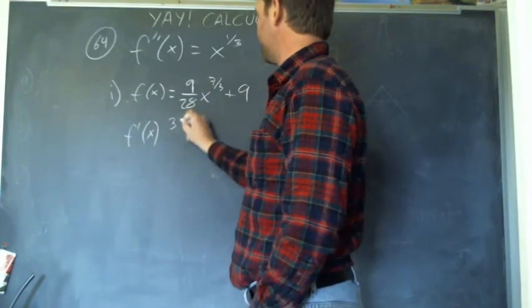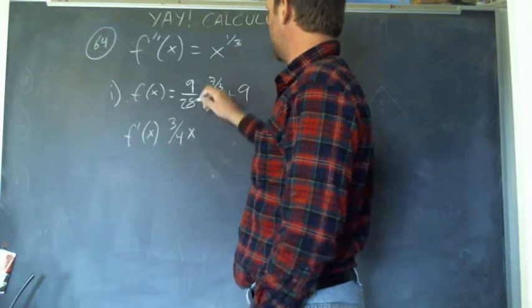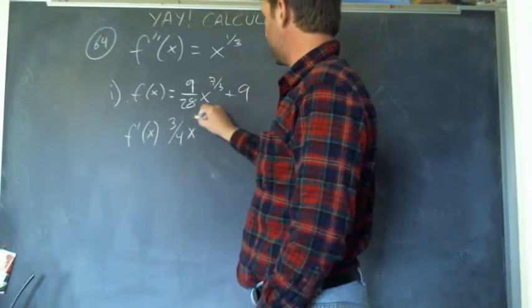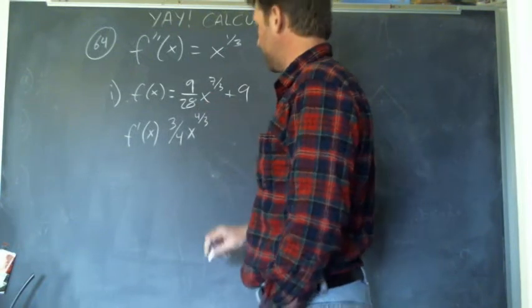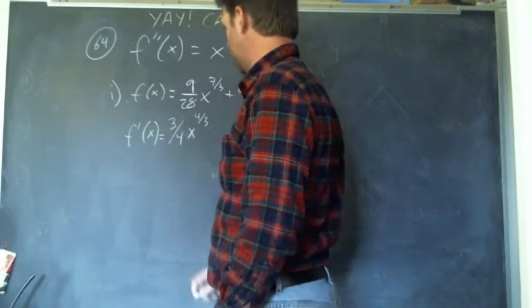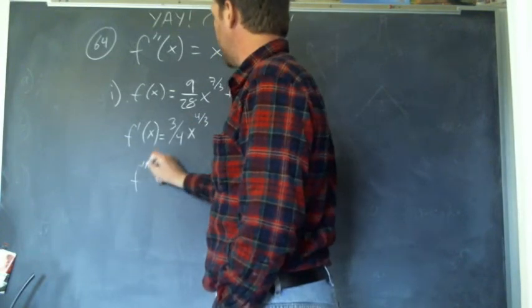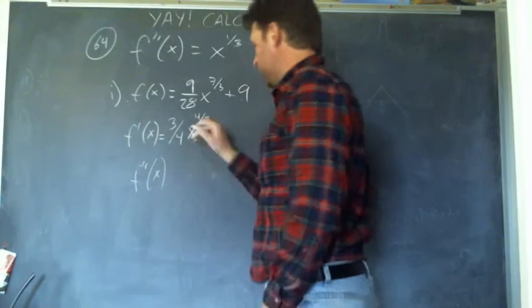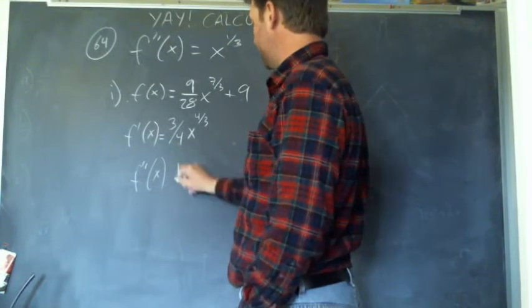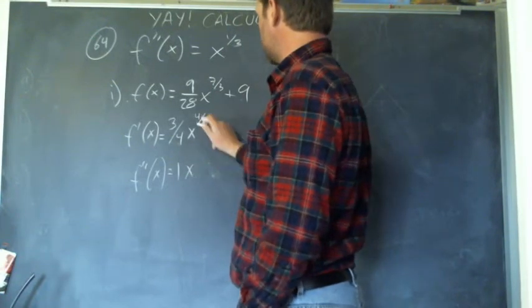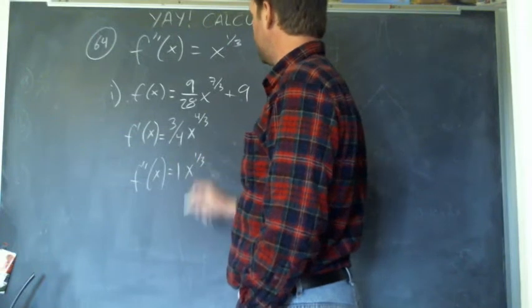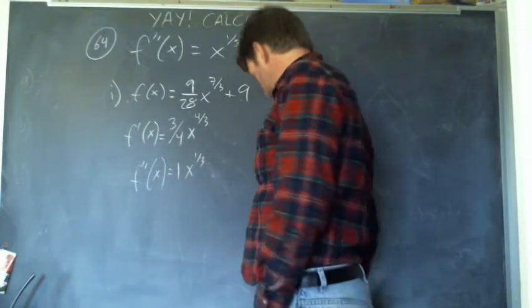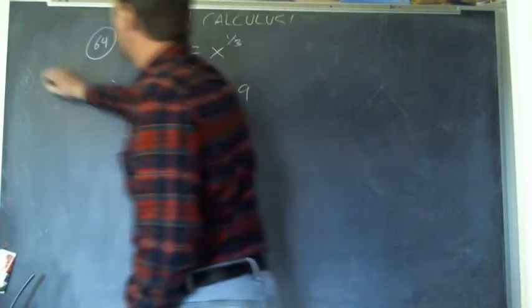So that's 3/4 x to the 4/3, and the 9 goes to 0. And then f double prime of x, 4/3 times 3/4 is just 1, and x to the 4/3 minus 3/3 is going to be 1/3. So this could certainly be true. So I is a go.